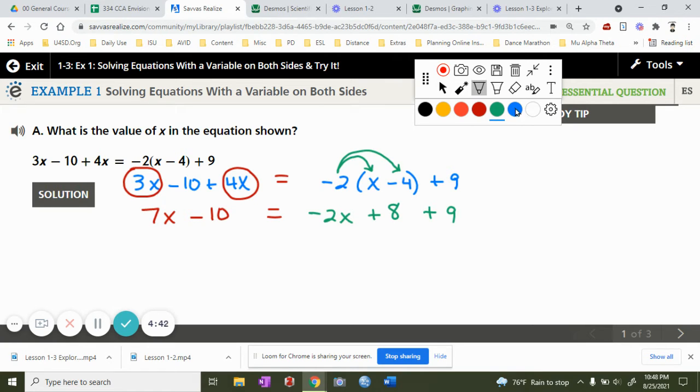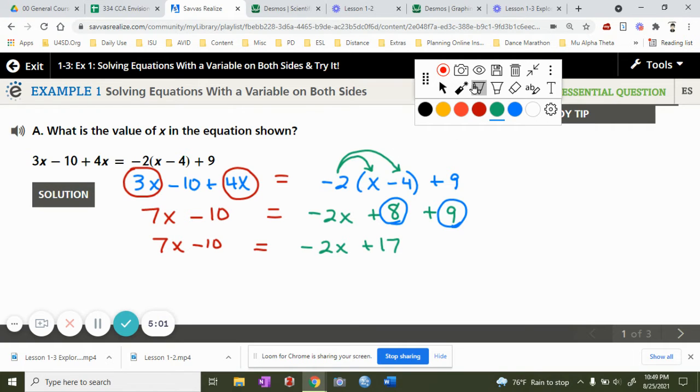So here I have some more like terms. I have 8 and 9. So I'm going to keep my 7x minus 10 equals negative 2x plus 17.